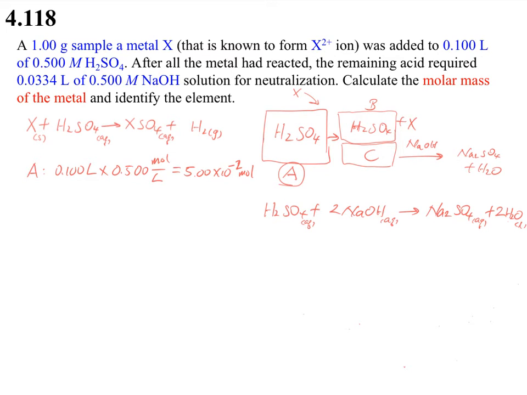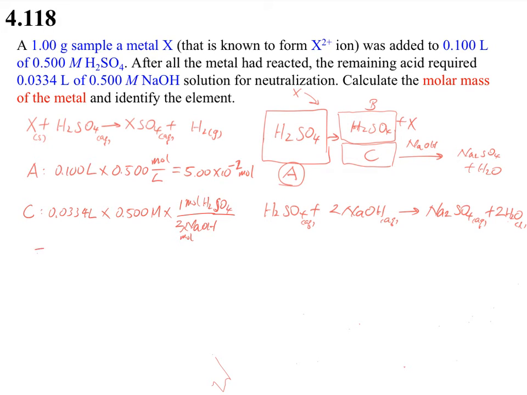We can simply treat it as a titration. The mole number of sulfuric acid reacted with sodium hydroxide is the mole number of sodium hydroxide, that is 0.034 liter times 0.500 molar, times, for every 2 moles of sodium hydroxide we have 1 mole of sulfuric acid.